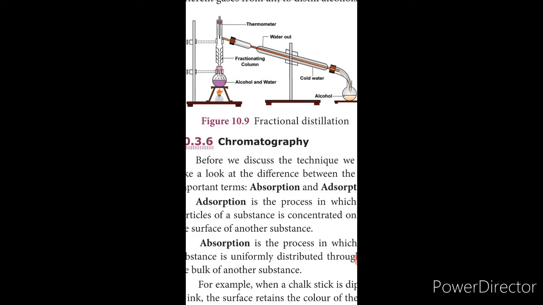Now this fractional distillation method is used to separate two or more miscible liquids. When two or more liquids are miscible or mixed with one another, they can be separated using this method, but the condition is the difference between their boiling points is less than 25 K, right?